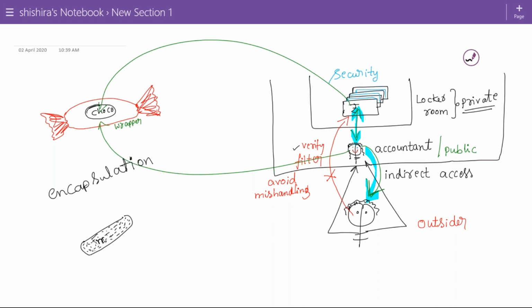This medicine is encapsulated. This is called a capsule.